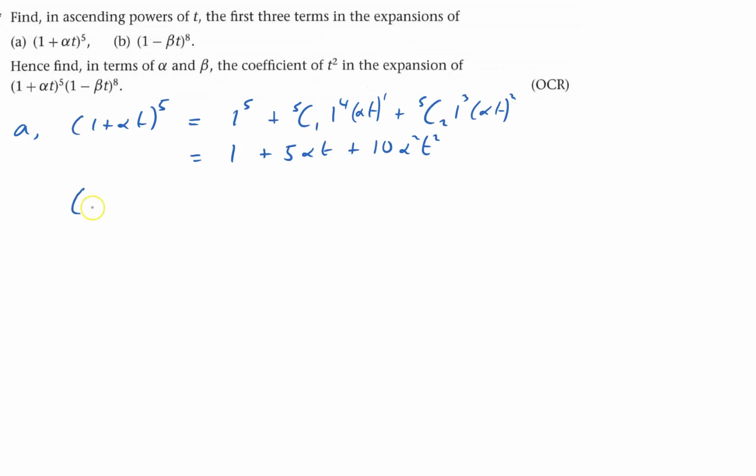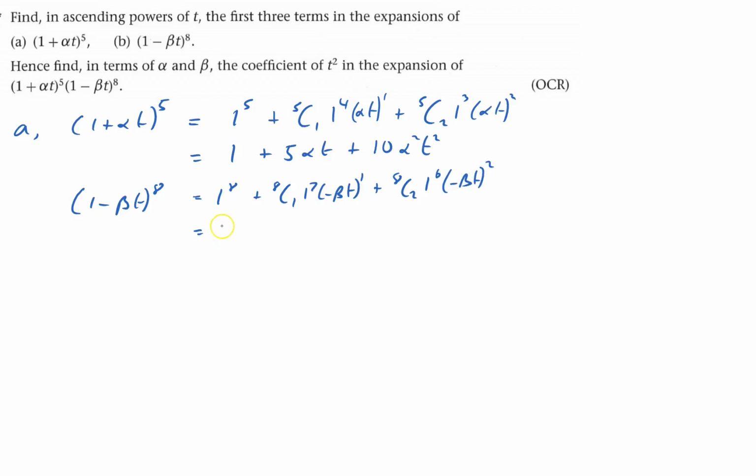And the second one, (1 - beta t) to the power of 8, will be 1 to the power of 8 plus 8C1 1 to the power of 7, and then minus beta t to the power of 1, and finally 8C2 1 to the power of 6 and minus beta t to the power of 2.